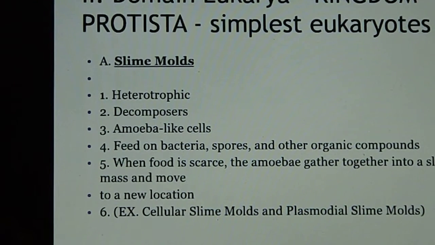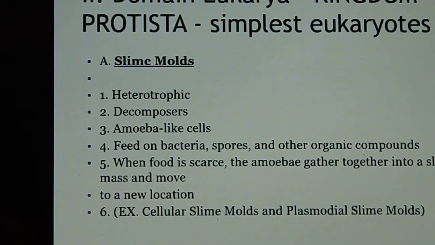And they have these amoeboid-like cells that slide around on the surface of things. And when food becomes scarce, all these little cells come together and form this big mass. And this is a lot of times what you see. They're usually brightly colored, orange, pink, yellow.